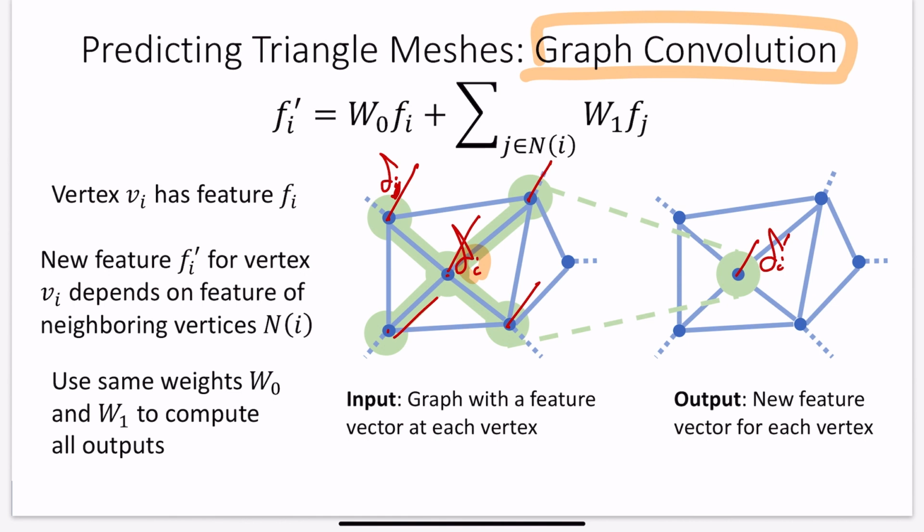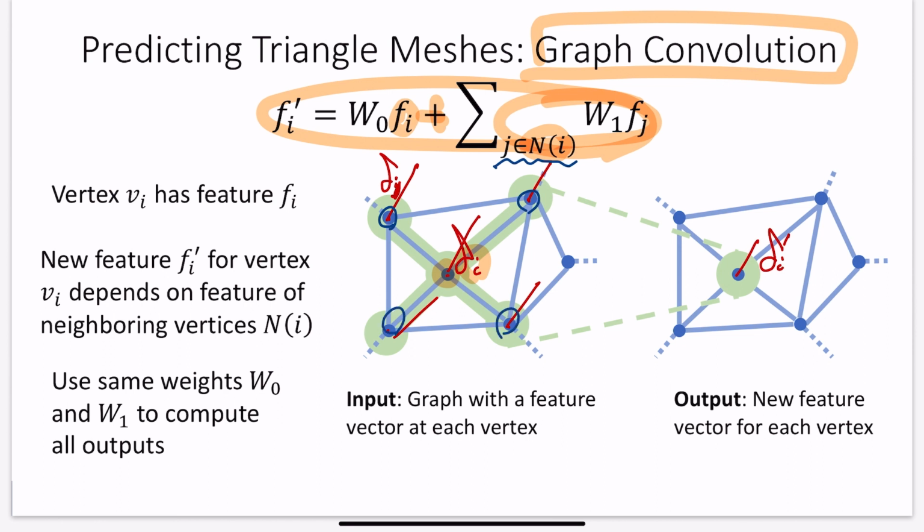So how can we represent f_i prime? It's going to be the feature vector at the current vertex f_i, plus the sum of the feature vectors f_j among the neighboring vertices, j in N_i.